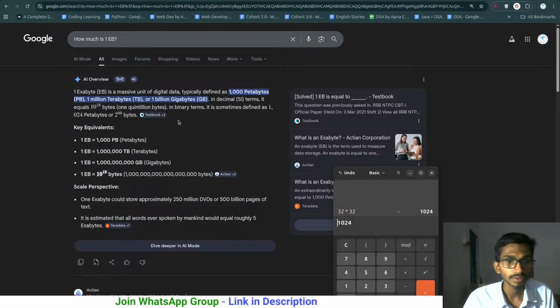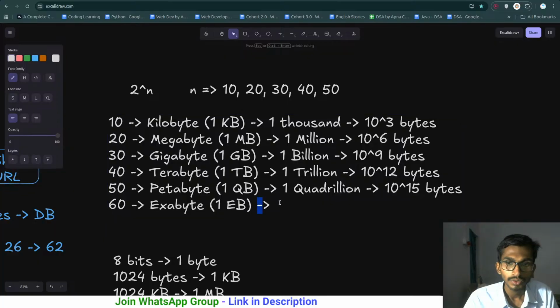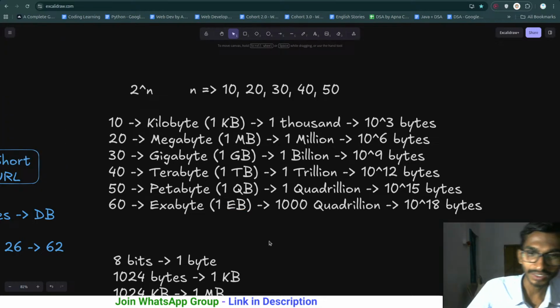That makes sense. So 1000 petabytes, 1000 quadrillion, and it is equal to 10 to the power 18 bytes. Here we are.